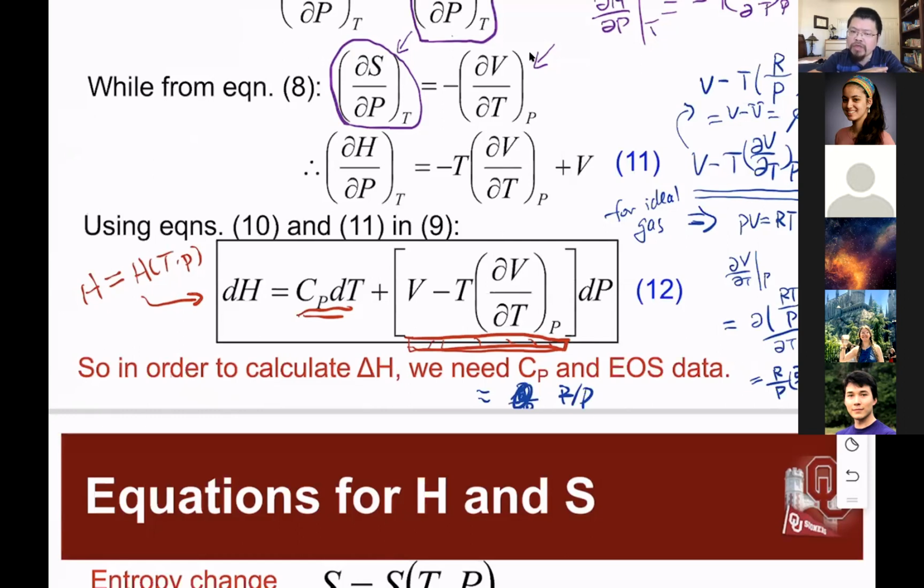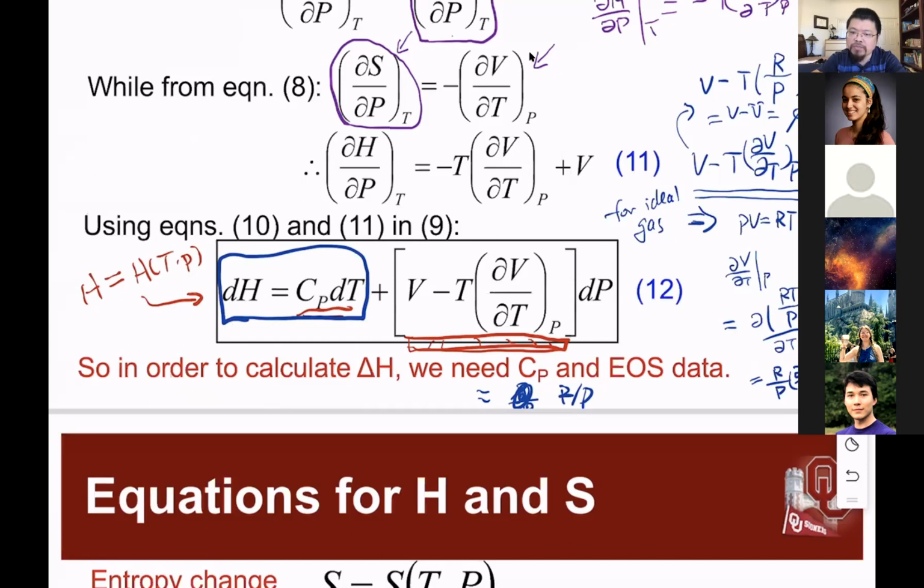If you recall in the past, we only have this term. And I recall that on a previous slide, we said that enthalpy depends only on temperature for ideal gases.